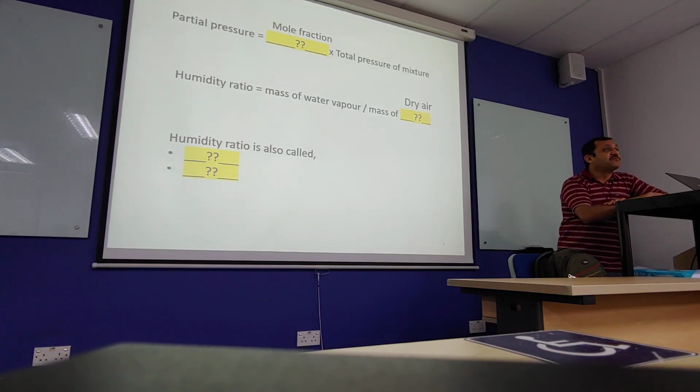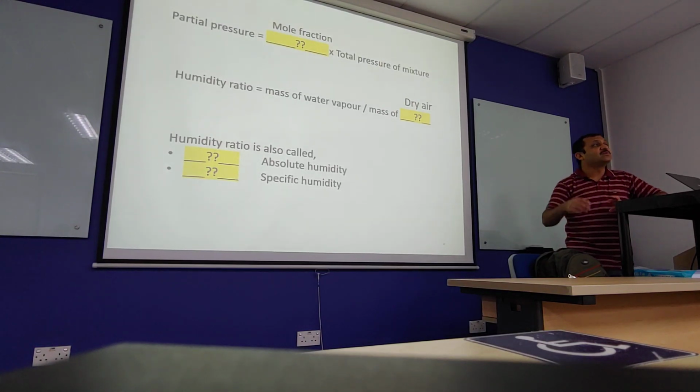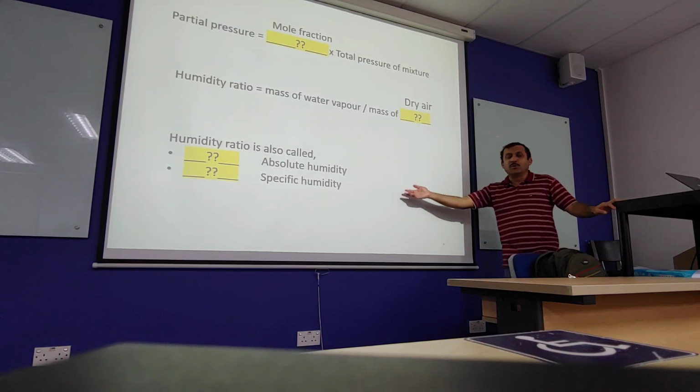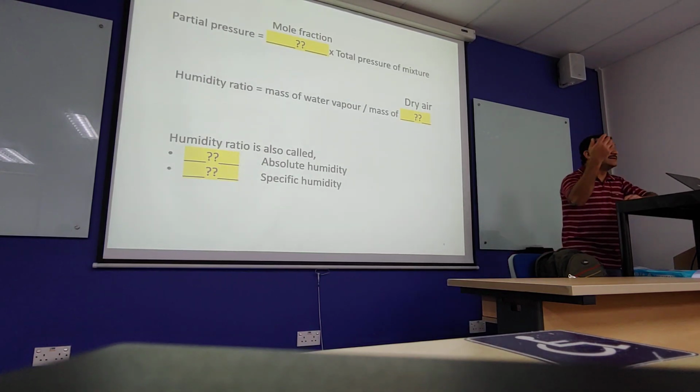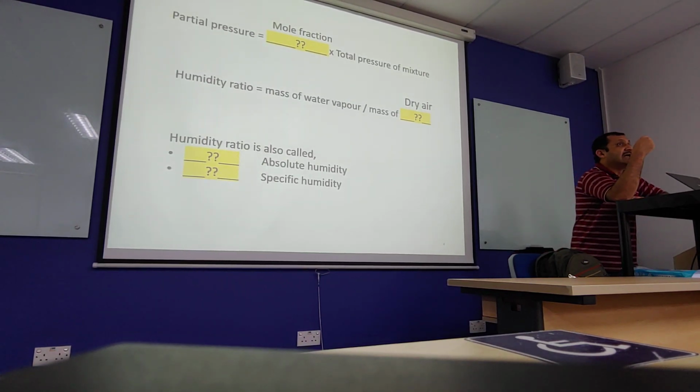Now, what are the different names? Humidity ratio is also called absolute humidity and specific humidity. So these are different terms. Why, as an engineer, do we need to learn these? You don't need to memorize these, but you should know there are different names for the same property.